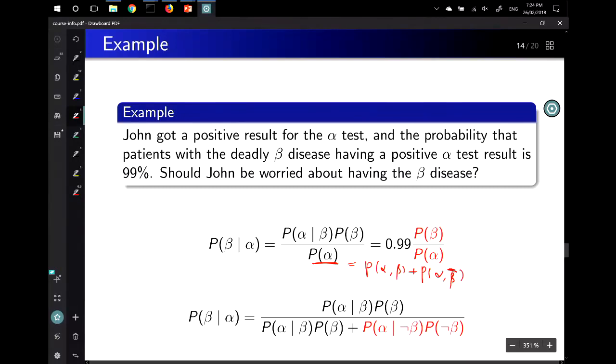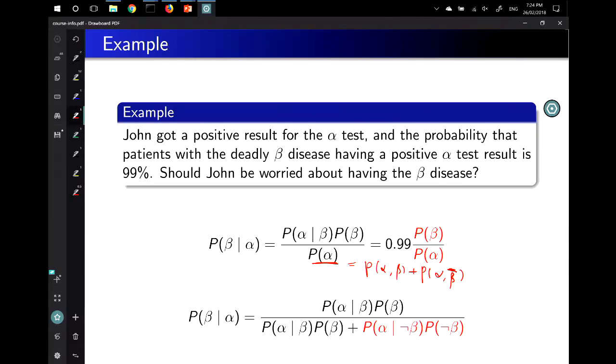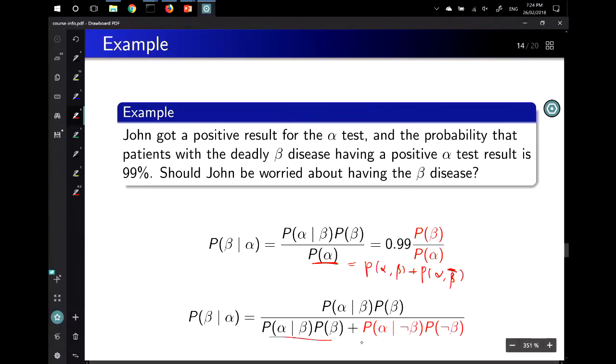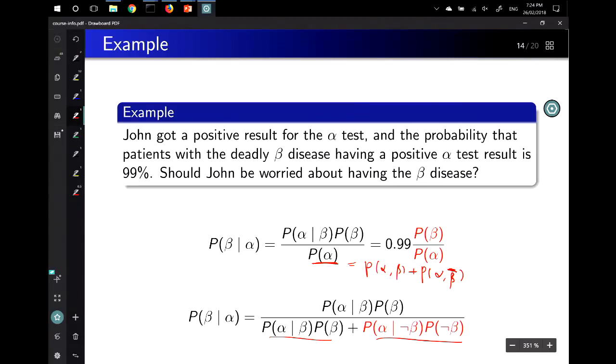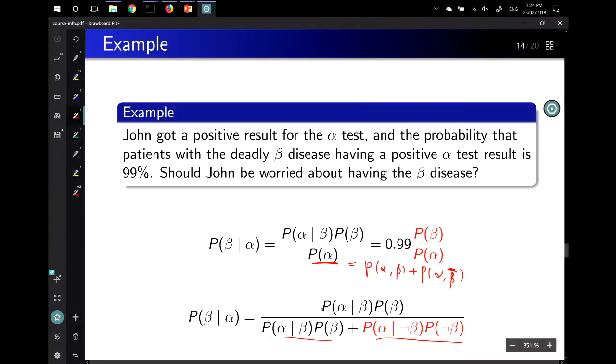If I put a bar on top of beta, it means not beta, because beta is a binary variable: either you have the disease or not. For each of them, you can expand it this way. So you can find that this part and this part are the same.